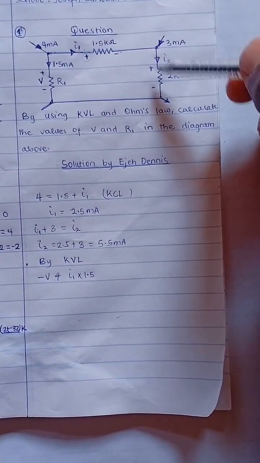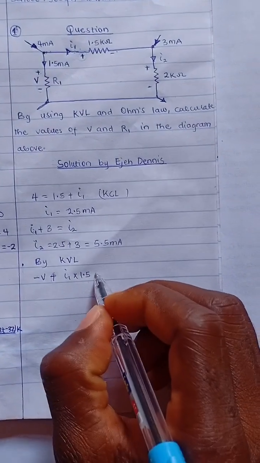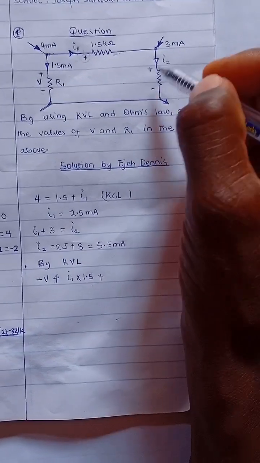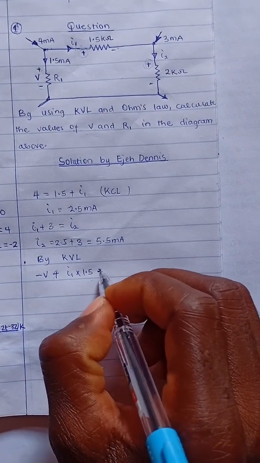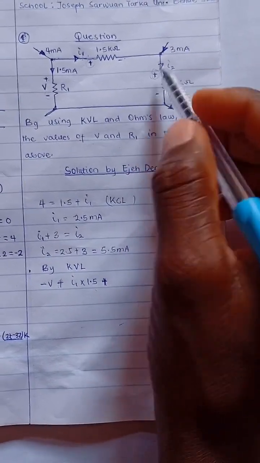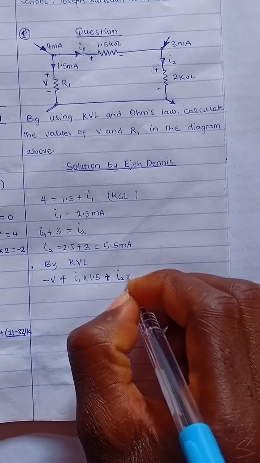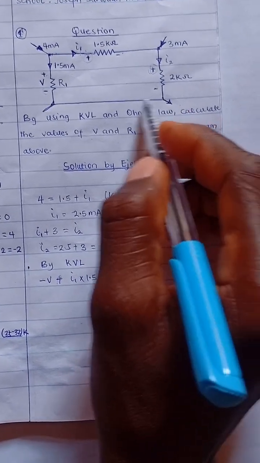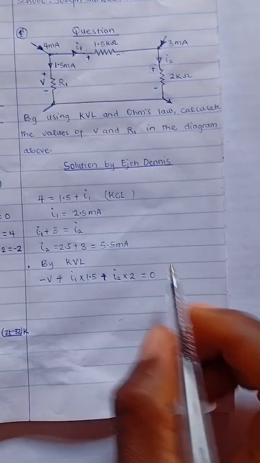Then the next thing is the voltage drop along this resistor, which will be plus as well, because we entered the positive polarity side of the voltage drop across this resistor. So that will be I2 multiplied by 2, and then no other element. We are back to where we started, so we equate to 0.